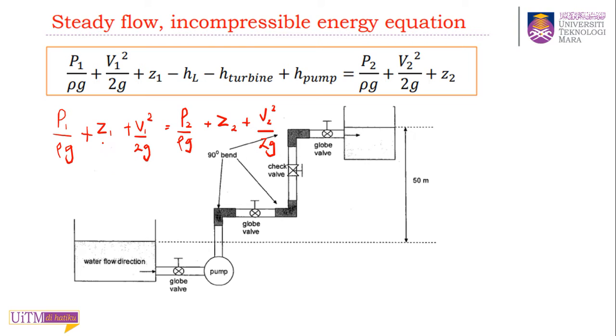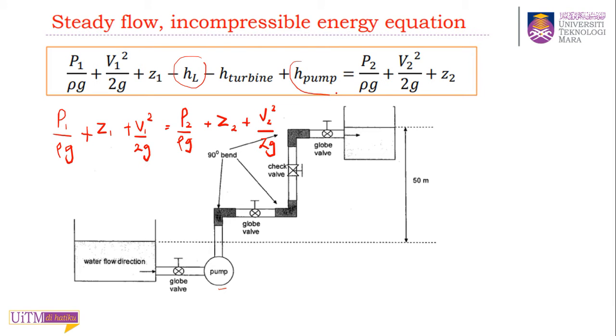So we cannot use this Bernoulli equation anymore, and that's why we have an extension of the Bernoulli equation. Because we have a pump and we have the losses, we take the losses into consideration.